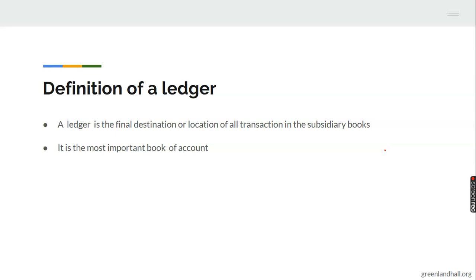So the postings from all of them, at the end of the day, are taken to the ledger. It is the most important book of account.